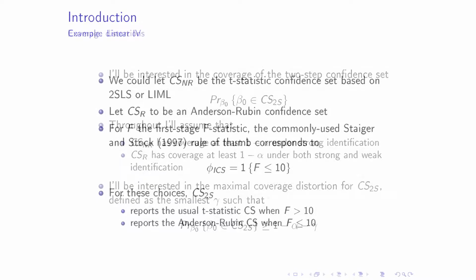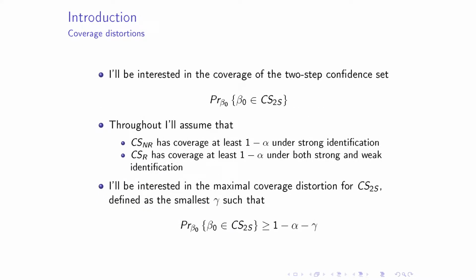Now, in this project, my focus is going to be on the coverage of this resulting two-step confidence set. That is, the probability that it covers the true parameter value, which I'll denote by beta naught. Throughout, I'm going to assume that the non-robust confidence set has coverage at least 1 minus alpha under the usual asymptotics. I'll also assume that the robust confidence set has coverage at least 1 minus alpha, regardless of the strength of identification.